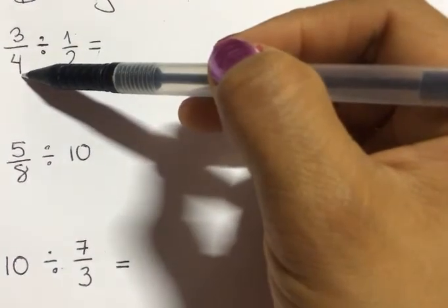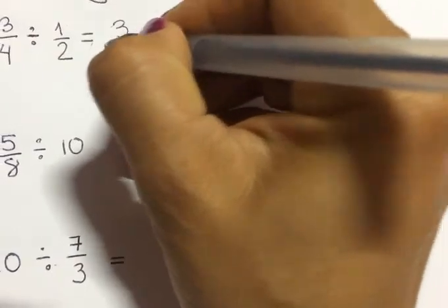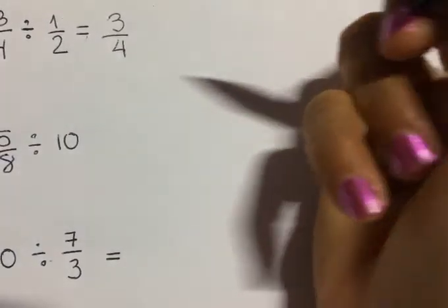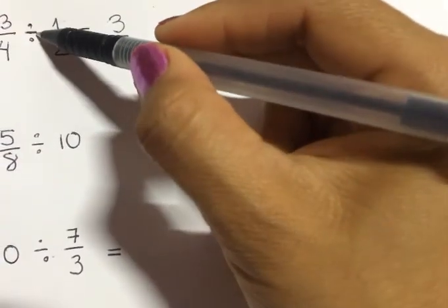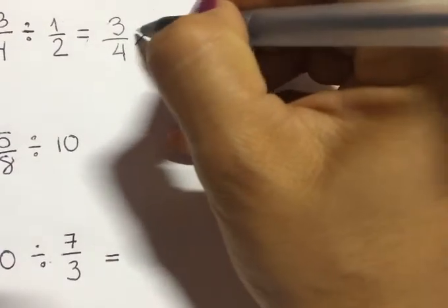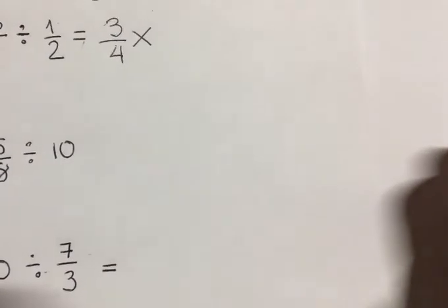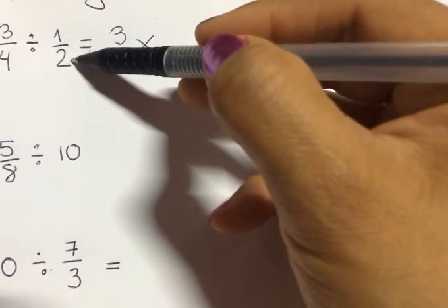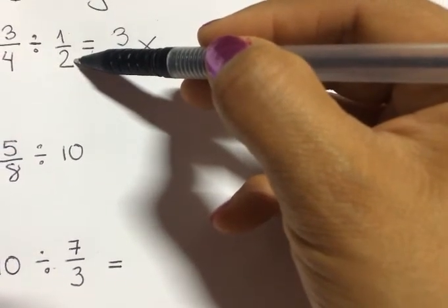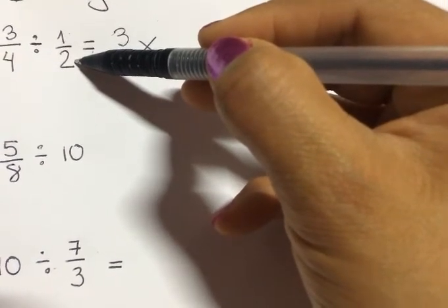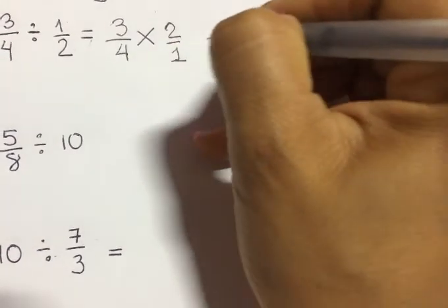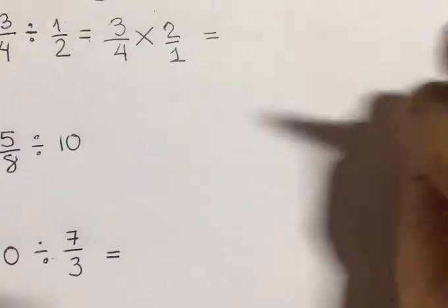The first fraction, copy exactly the same. You don't have to change it. Now, the division, you need to multiply by the second fraction. But this second fraction, you need to rewrite as the reciprocal. You need to write the reciprocal like this. And now you can multiply.